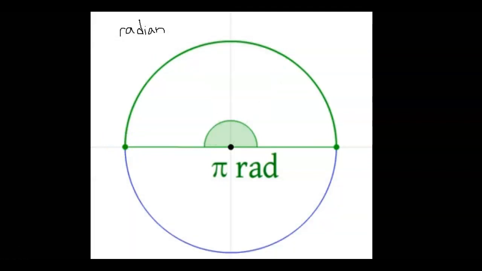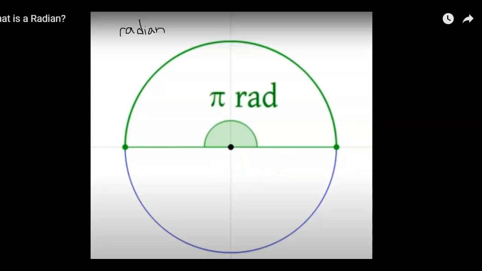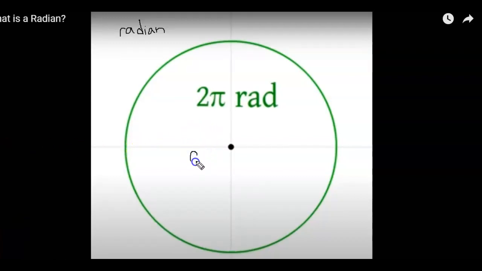And in fact, all the way around the circle, if we keep going, we get 2 pi radians. And this absolutely makes sense if we think back to arc length, when we talked about circumference being equal to 2 pi radius. 2 pi times radius is 2 pi radiuses. That's how many times I can get around the circle. It's 6 and a little more than a fourth, 6.28.